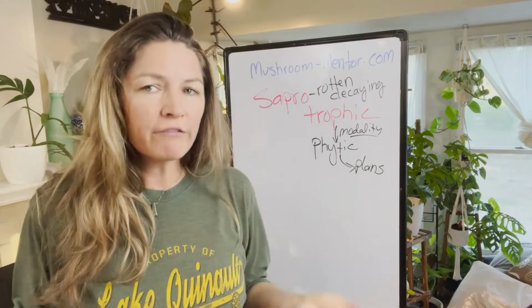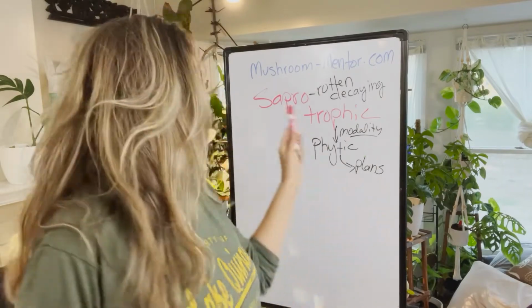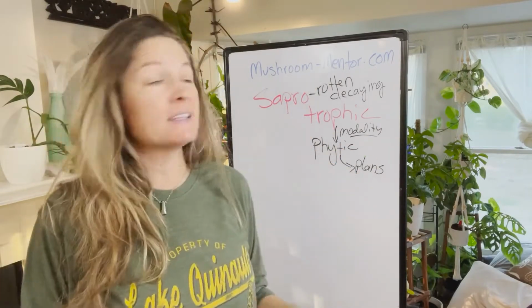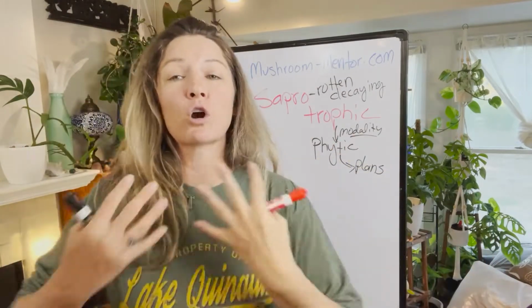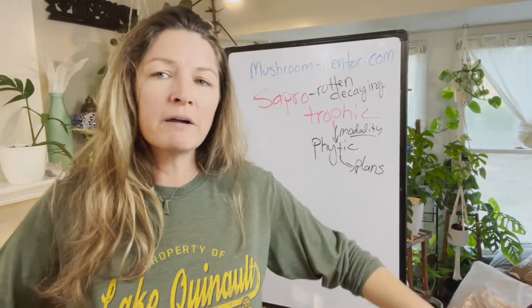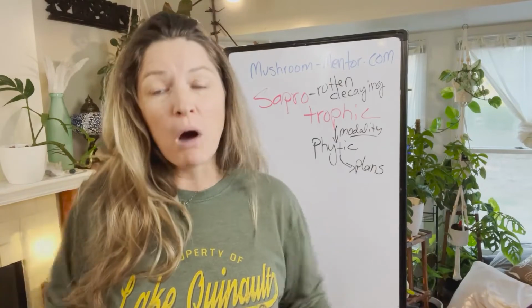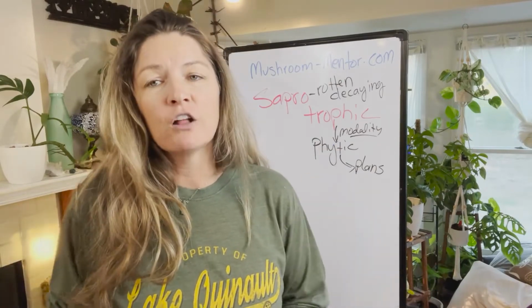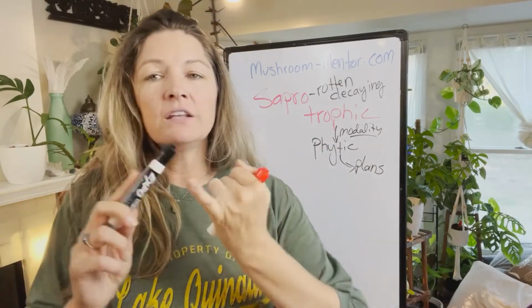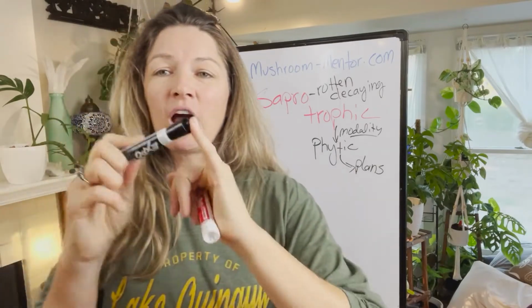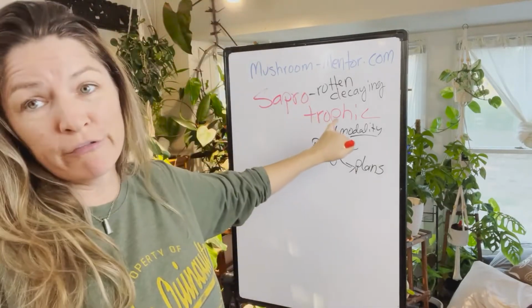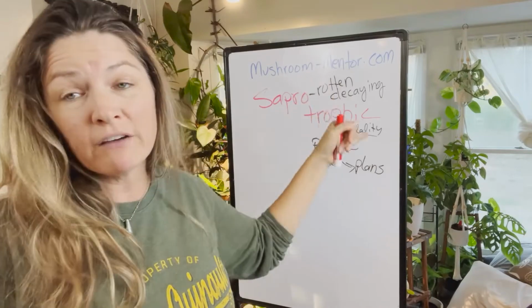So who are the fungi out in nature who are eating the dead, rotten, decaying plants as a modality of absorbing nutrients? Well, my friends, that is pretty much most of the fungi. Those that are not parasitic also live in a saprotrophic or saprophytic way of life.